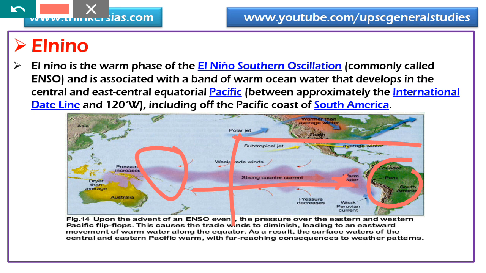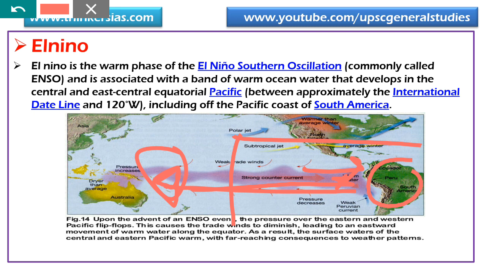Please remember, trade winds, which usually are stronger, become weak during El Nino, which prevents them from pushing the surface water towards the western Pacific Ocean. The inability of the trade winds to push warm water towards the western Pacific leads to movement of water towards the central and eastern Pacific Ocean.